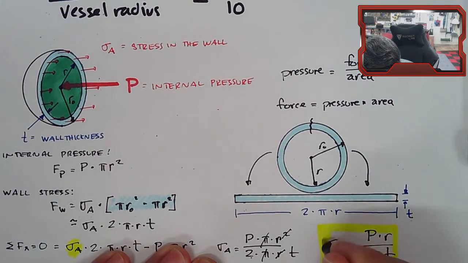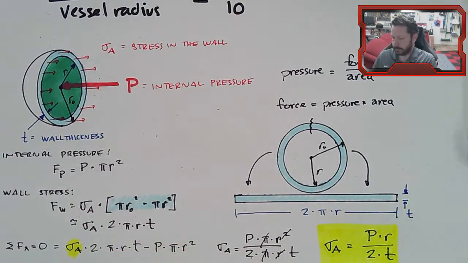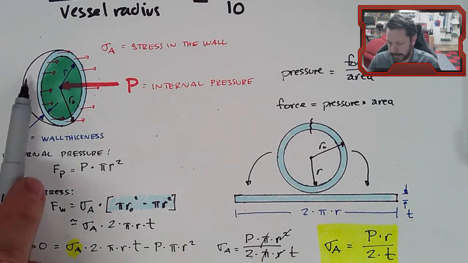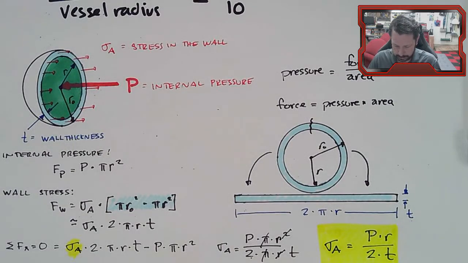So this equation would give me the tensile stress, so it is a tensile stress, it's trying to pull the wall apart, in the wall of a spherical pressure vessel. It is the maximum one. I could have sliced this up somewhere else and gotten an actual smaller stress here, but this is the maximum stress in the wall of a pressure vessel, as long as the pressure vessel is spherical.